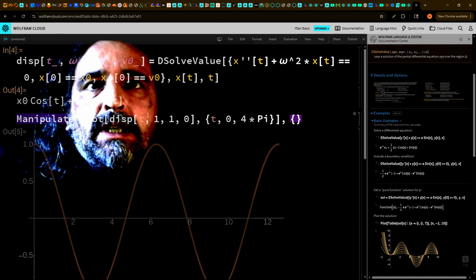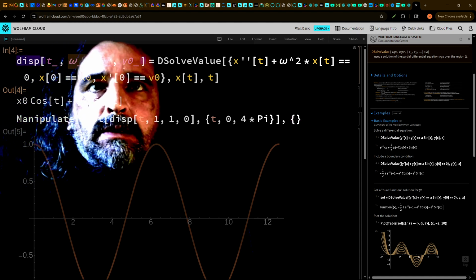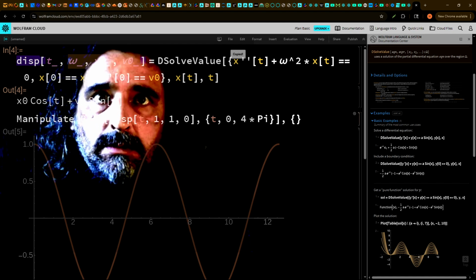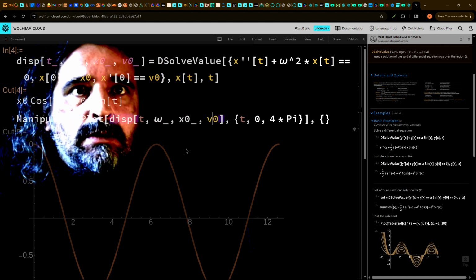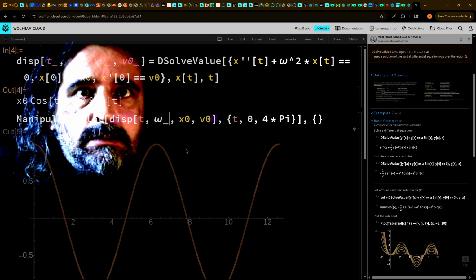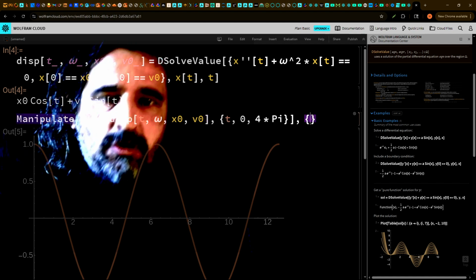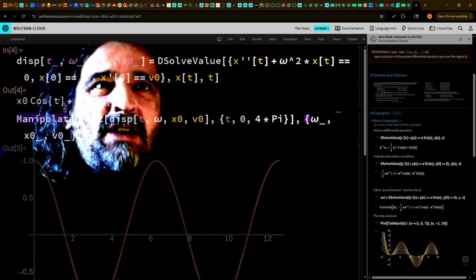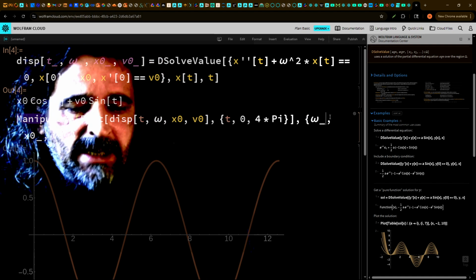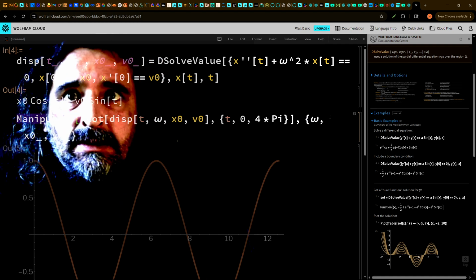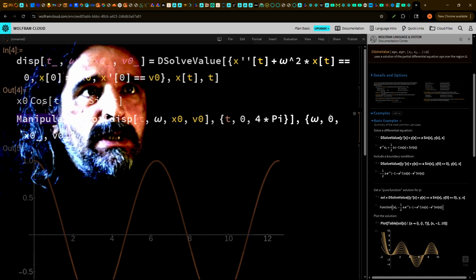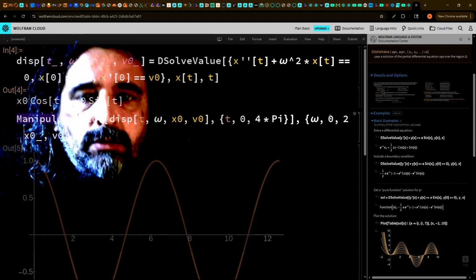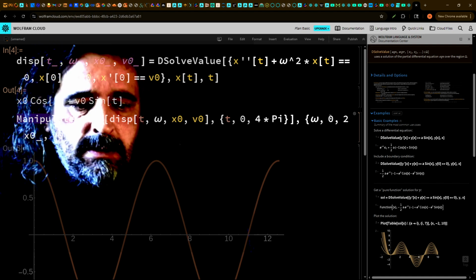So I'm gonna put here these parameters, but I'm gonna have to take the underscores out. And here I'm gonna put those parameters again with the underscores out, but you have to do it. So omega, I'm gonna vary it between, I don't know, very small, 0, and maybe 2, so you can see what happens.